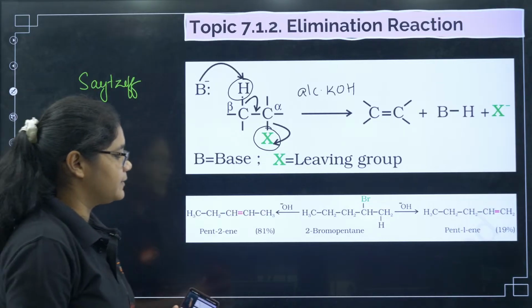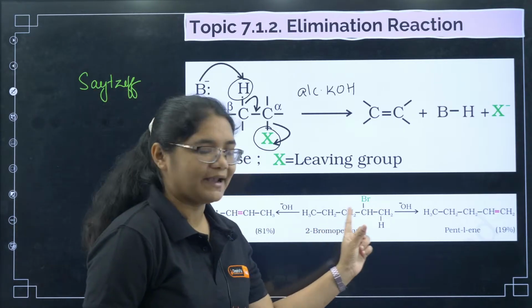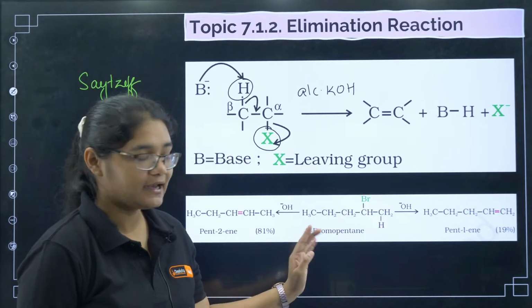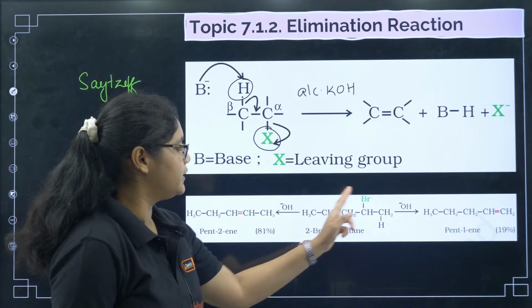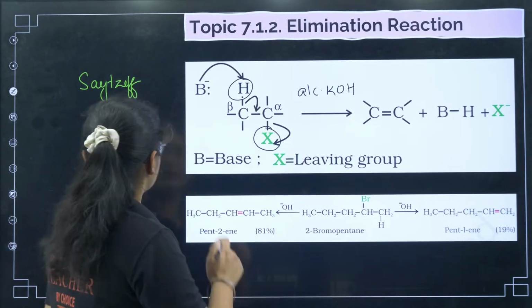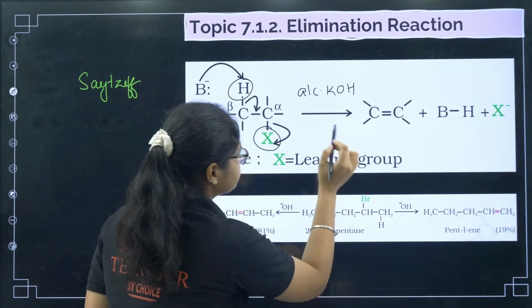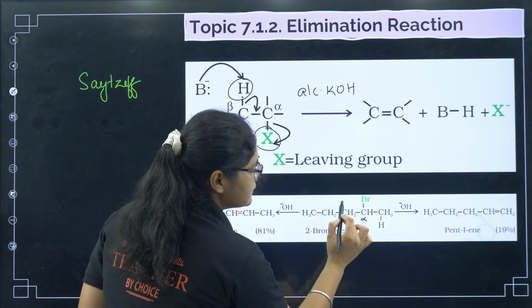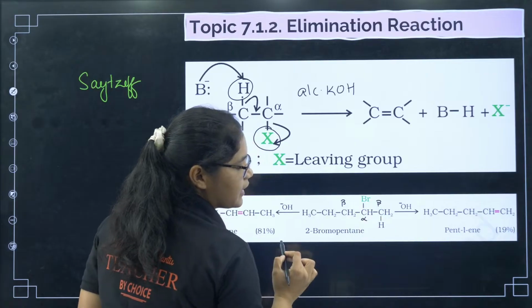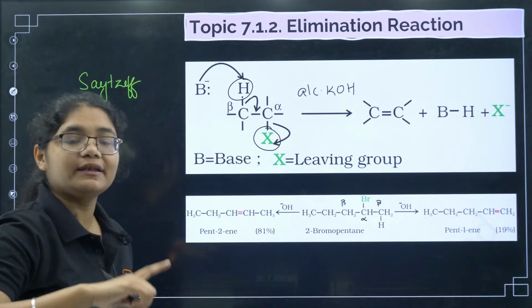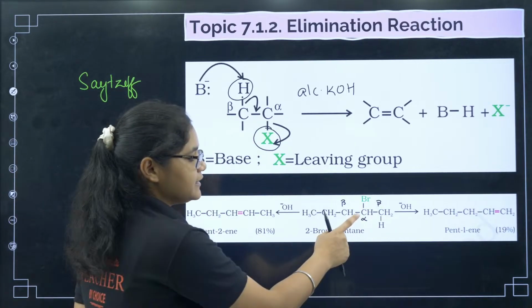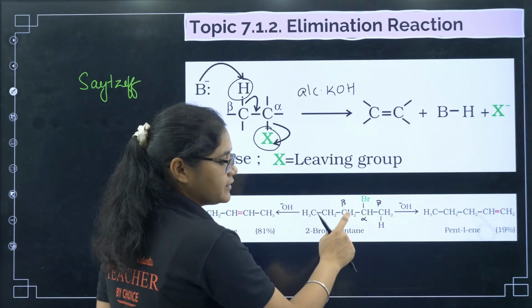Now, what is the Saytzeff product? You can see one example here. I have taken 2-bromopentane, and I am using alcoholic KOH on both sides. This is your alpha carbon, and this is a beta carbon, and this is also a beta carbon. Beta carbon means the carbon next to the functional group. This carbon contains the functional group, so this is alpha, this is beta.